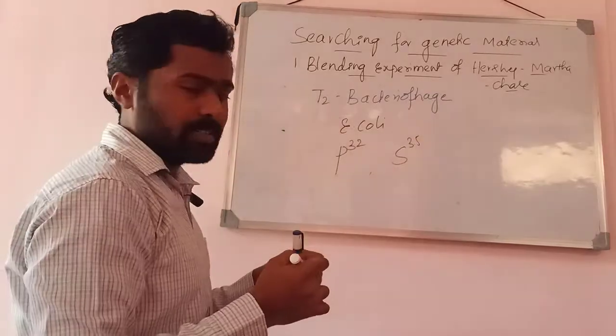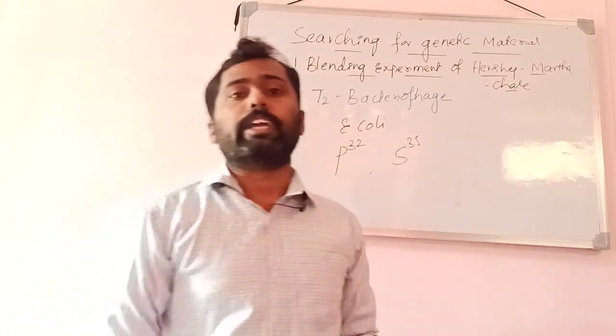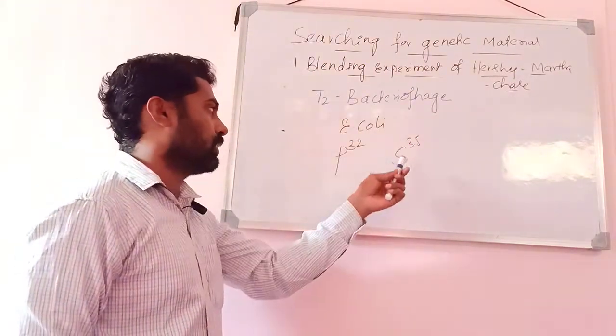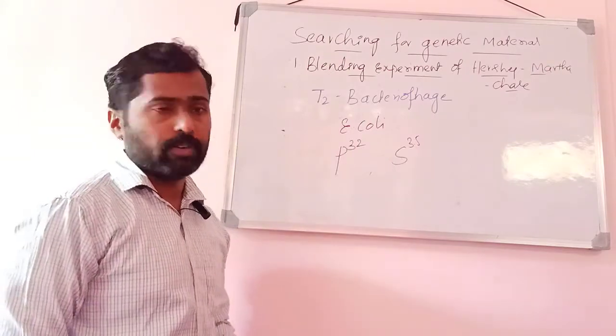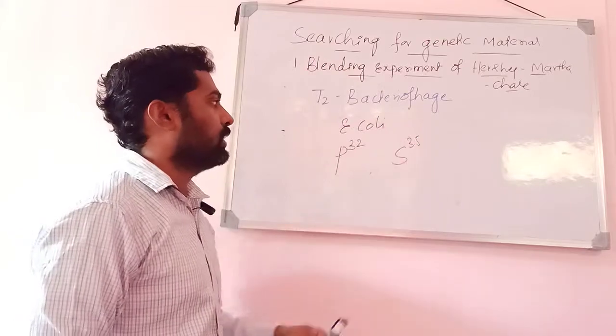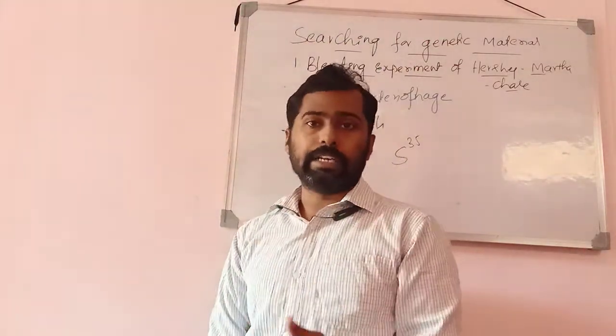So they grew the bacterial cells in two separate media, where one medium consists of radio labeled phosphorus, P32, and the other consists of the radio labeled sulfur isotope, S35. The bacteriophages grew on separate media.